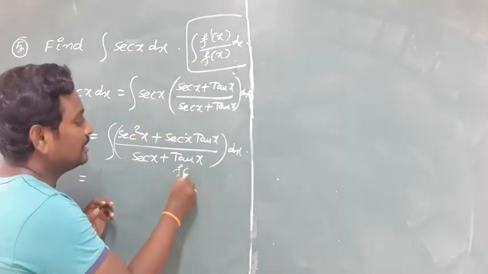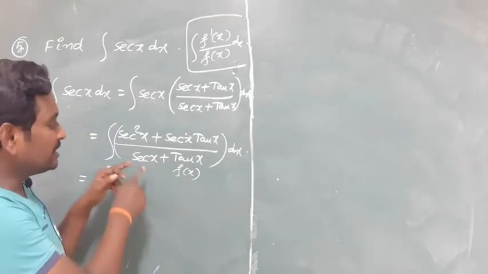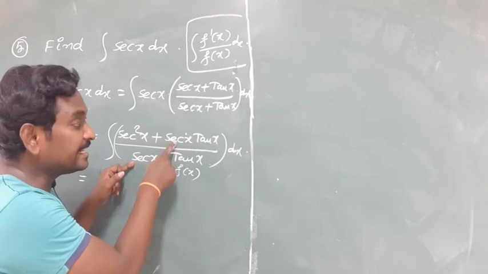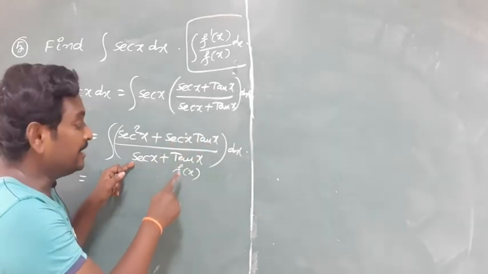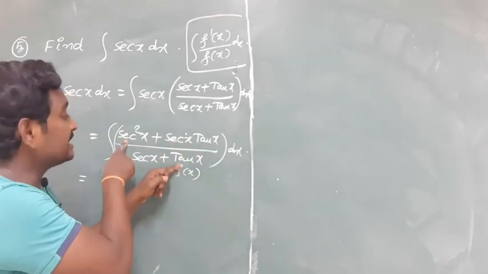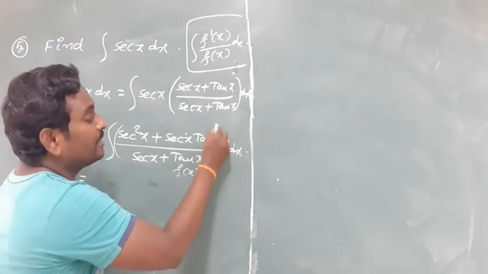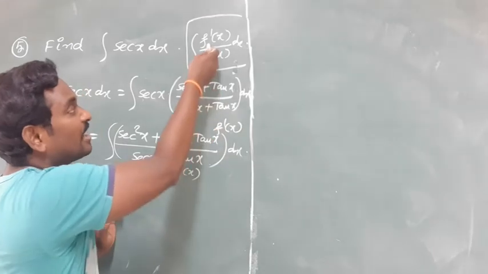If we take the denominator as f of x, what is the derivative of secant x? Everybody knows that the derivative of secant x is secant x into tan x, and the derivative of tan x is secant square x. So clearly the derivative of the denominator is the numerator. That's why this formula is applicable.